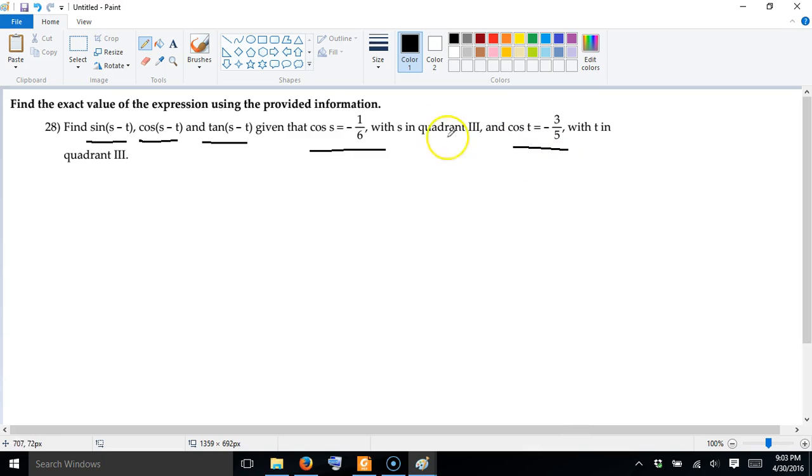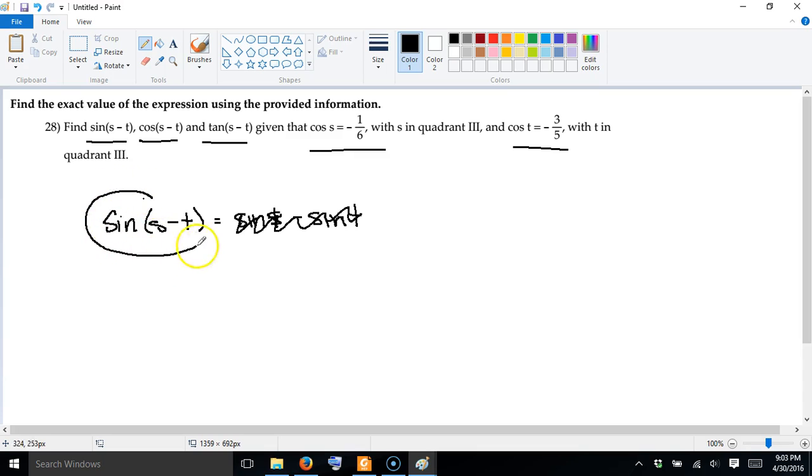Well, on this, I've noticed some of you think that sine of s minus t is the same thing as sine of s minus sine of t. This is completely wrong, okay? You need to follow your identities for sine of s minus t or s plus t.